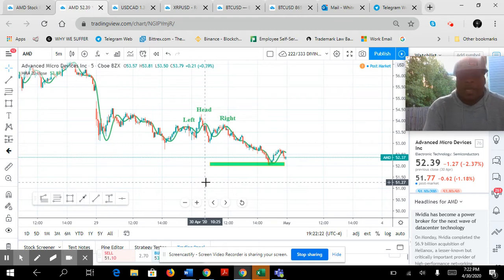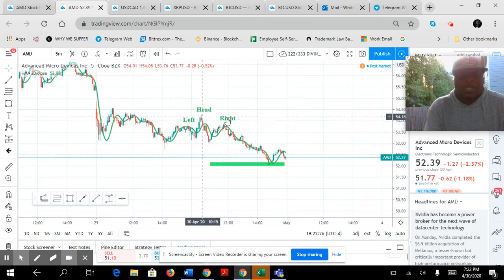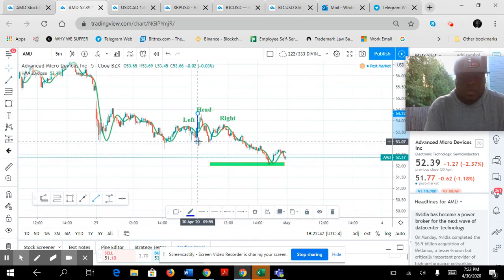All right, but I immediately, when I opened the chart up, I saw a head and shoulders pattern. This wasn't here at the time, but I put a green box here because I did the measurement. I identified the left, head, and right. You go what? From the head down to one of the shoulders.